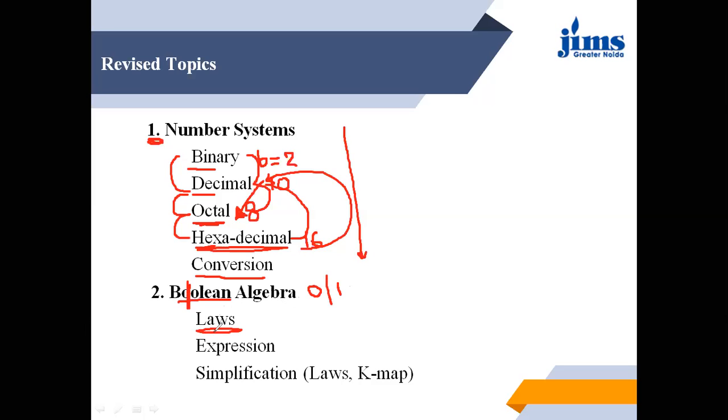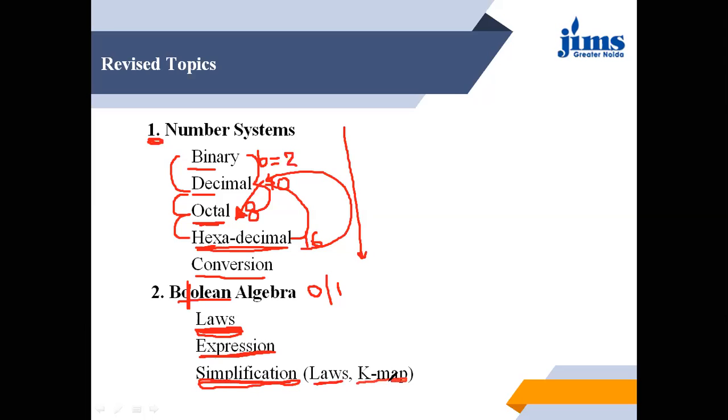Like this, we discuss all the laws and some direct expressions also, which we can use to solve the equation or Boolean expression. Then we discuss what a Boolean expression is, which contains all the variables, and after understanding the Boolean expression, we discuss how we can simplify these Boolean expressions using Boolean laws or K-map.